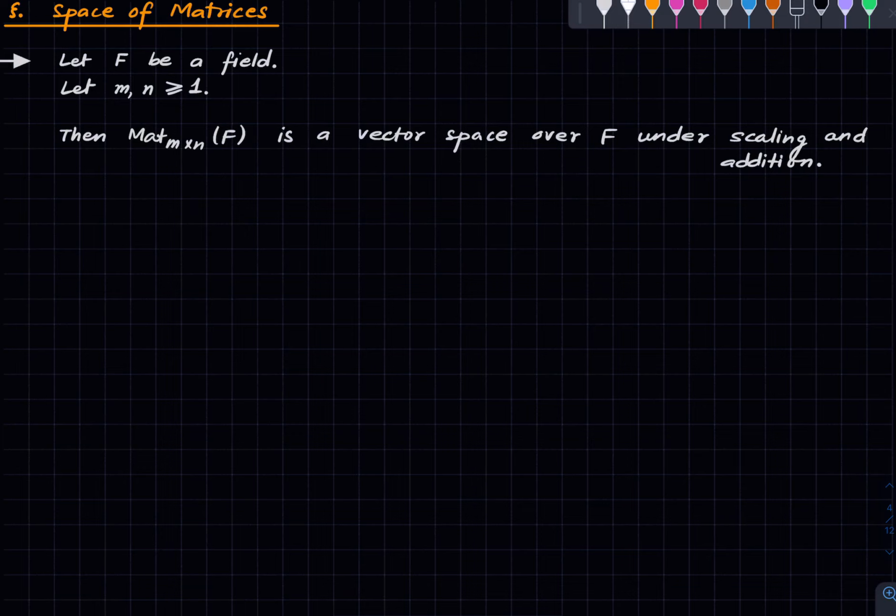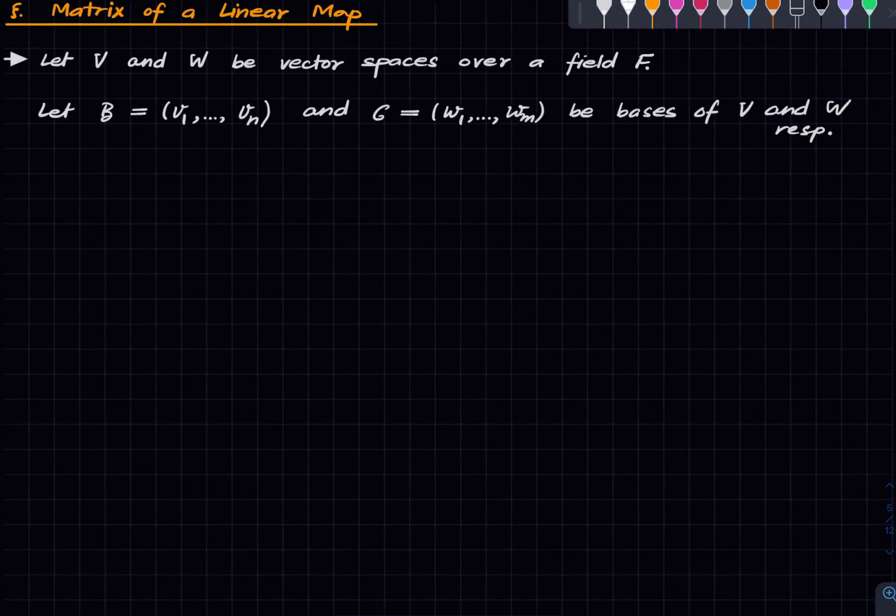All right. So now for the important part, we will connect this notion of matrices with linear maps. So suppose V and W are vector spaces over a field F, and we have a basis for V and a basis for W. Then for any linear map, so you pick a linear map from V to W, then what we will do is we will take the image of each basis vector here.